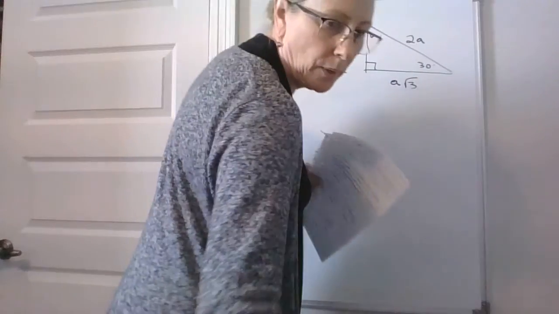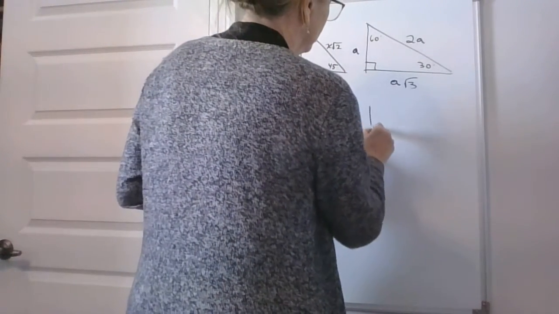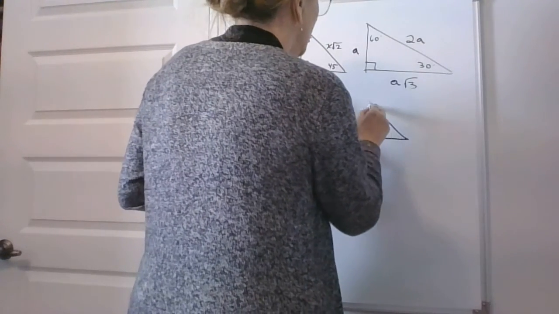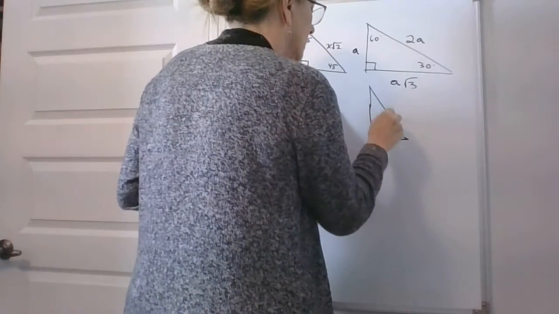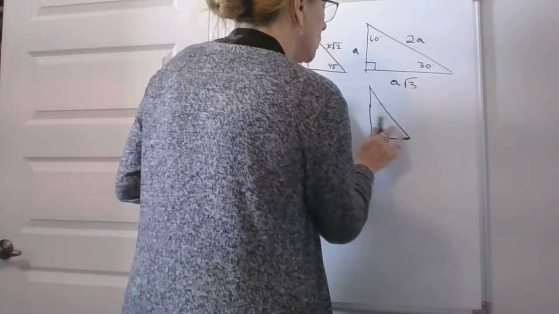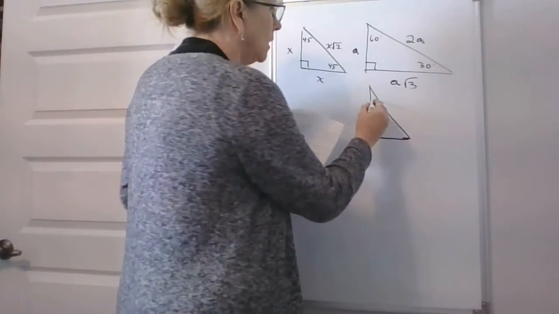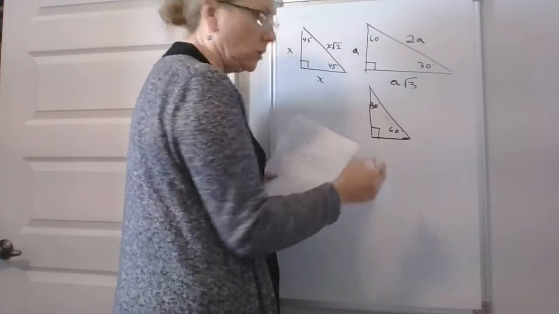Let me fix that up. Okay, let's make this the 30-degree angle up here. Because I want to change the orientation, because notice 30, 60, 90 triangles can be all sorts of different directions since they have those 2 different angles.